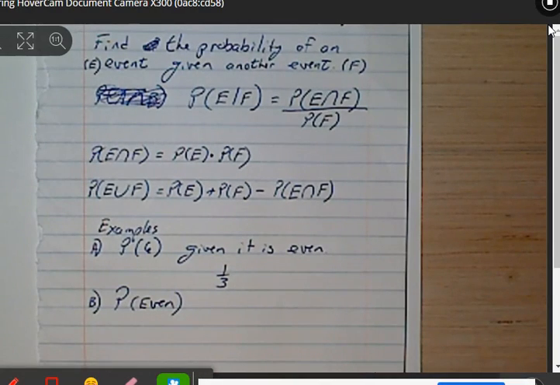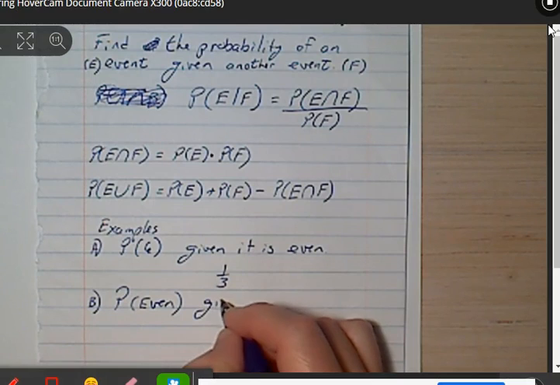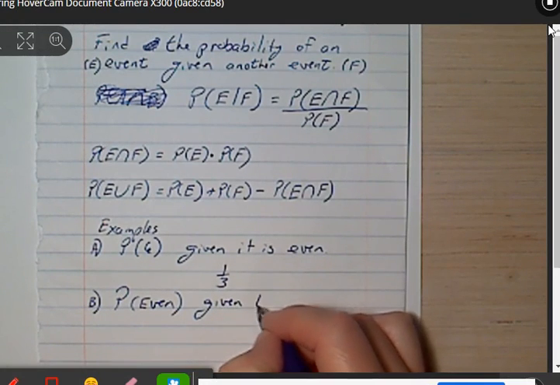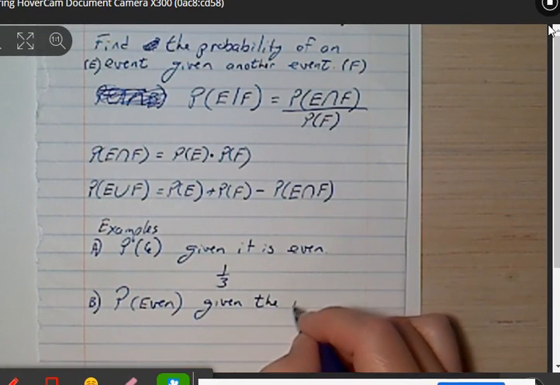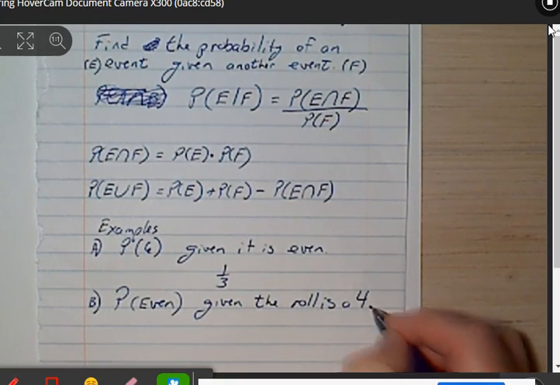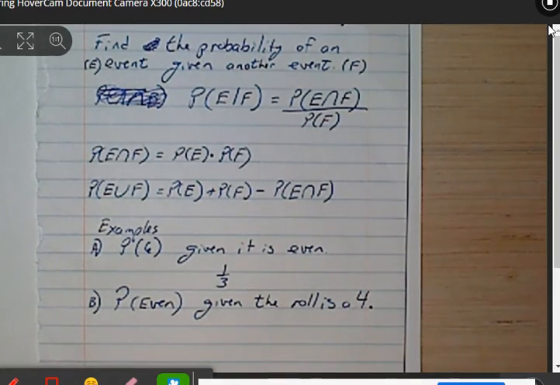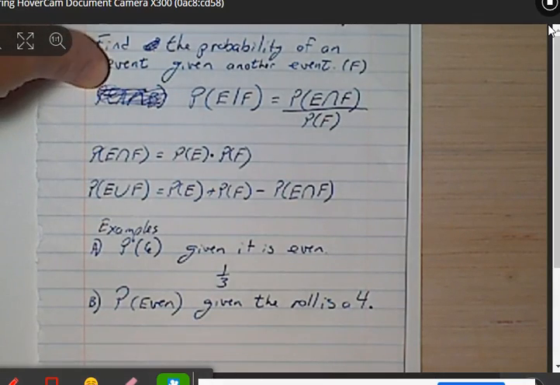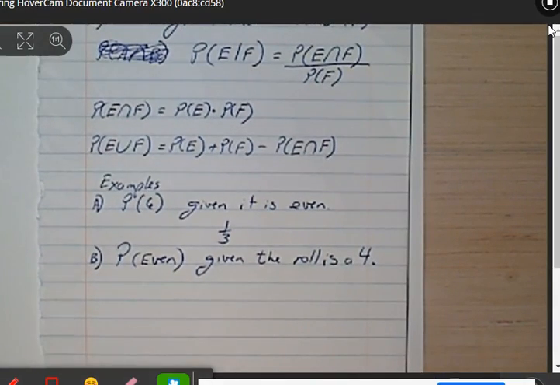Okay. And sometimes they'll even flip this thing around. What's the probability of getting an even, given that the roll is a 4? Sometimes you almost have to reread some of these questions because it's almost like it's backwards.